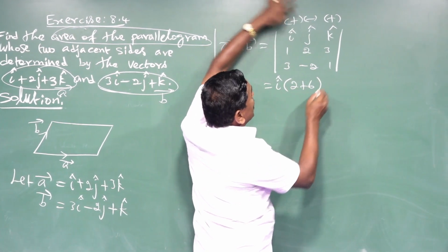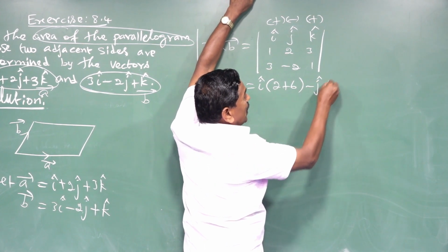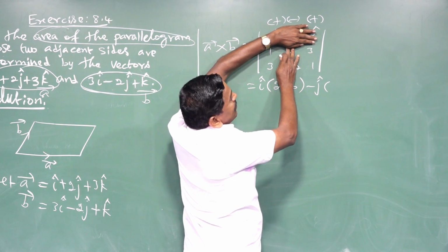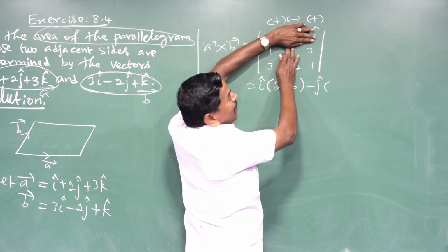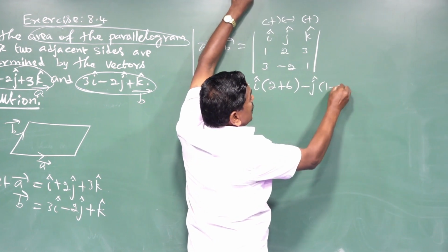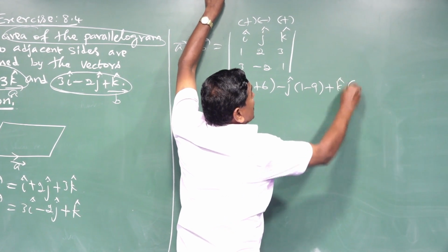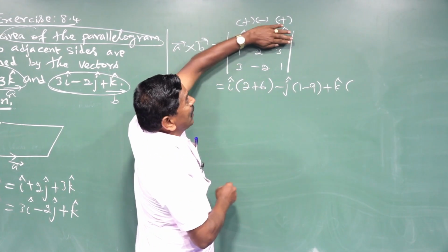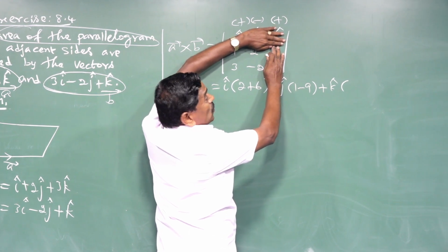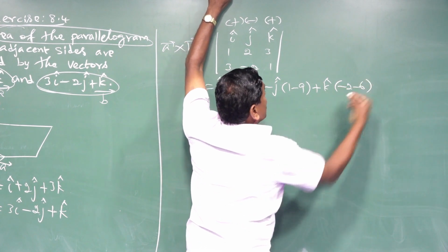Minus j cap into, forgetting its respective row and column, 1 minus 9. Plus k cap into, forgetting its respective row and column, cross multiply: minus 2, minus 6.